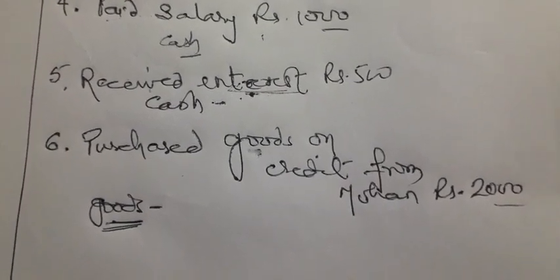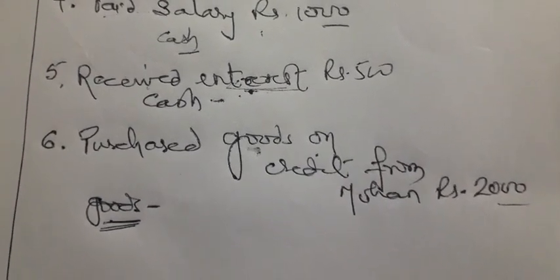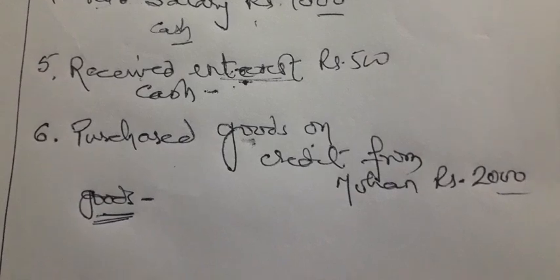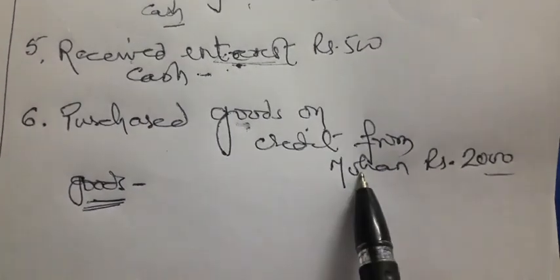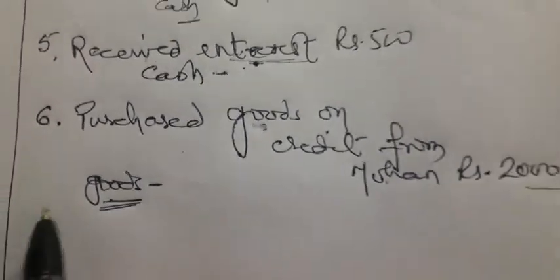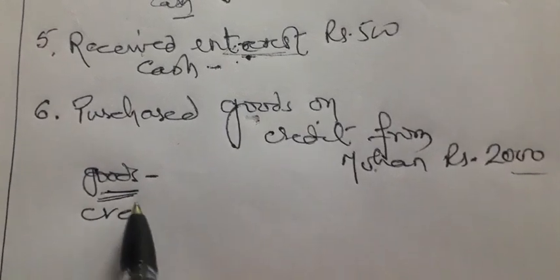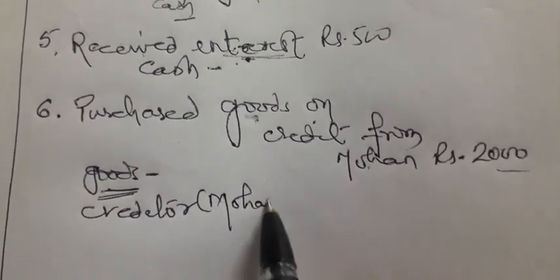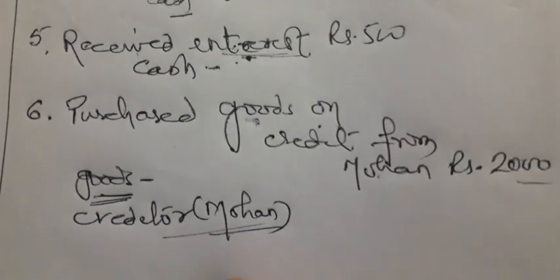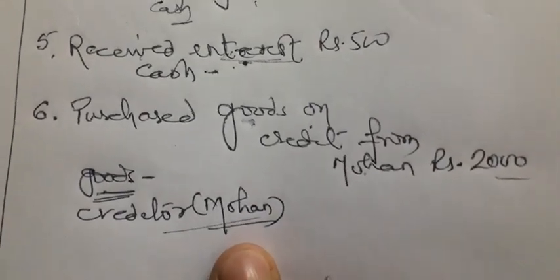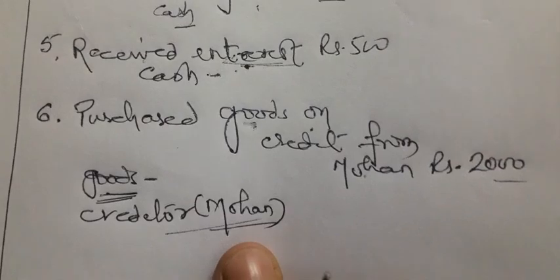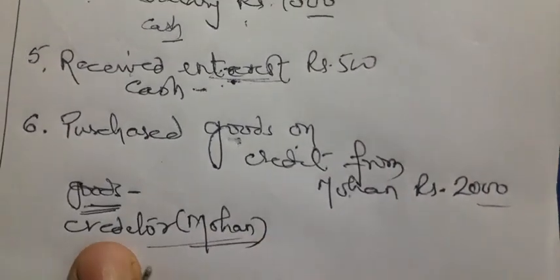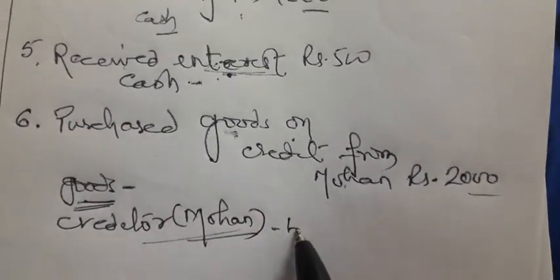Instead, because we have purchased goods on credit basis, Mohan has become our creditor. Second aspect will be our creditor Mohan. We have to pay to Mohan, we owe to Mohan. That is why Mohan is our creditor. Creditor is a liability.